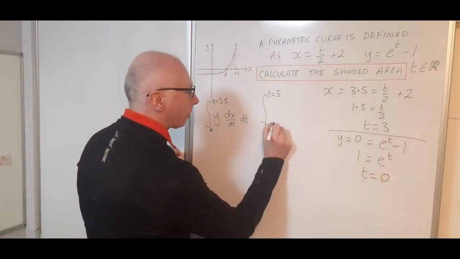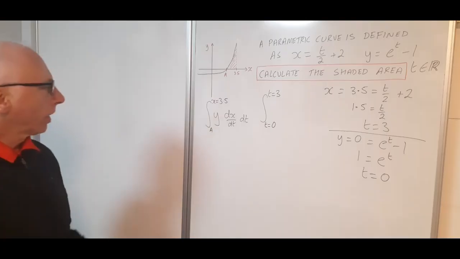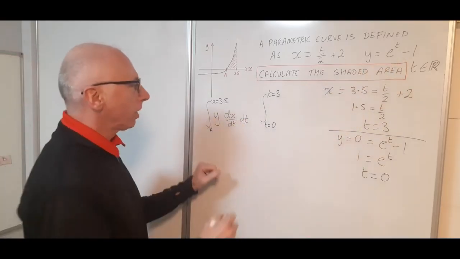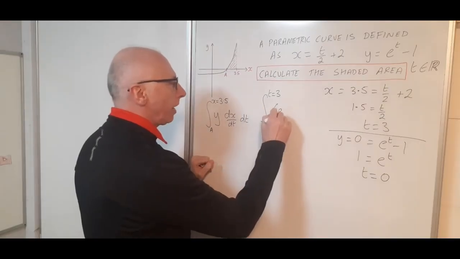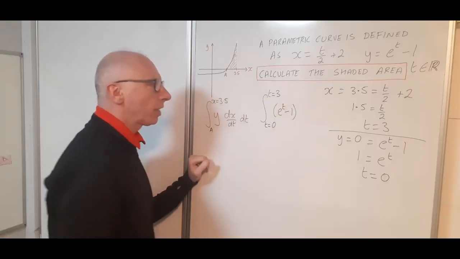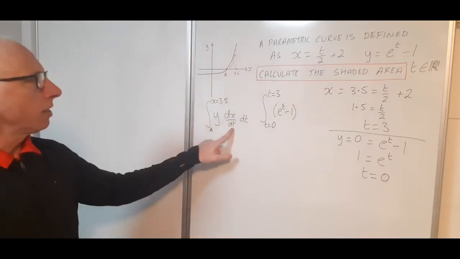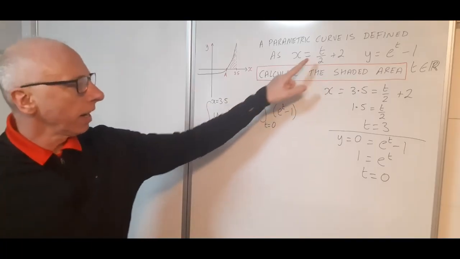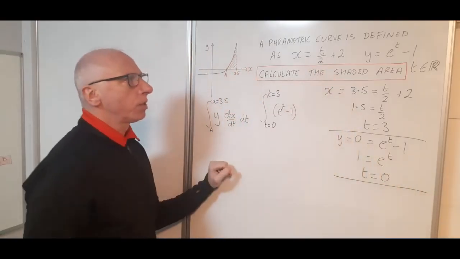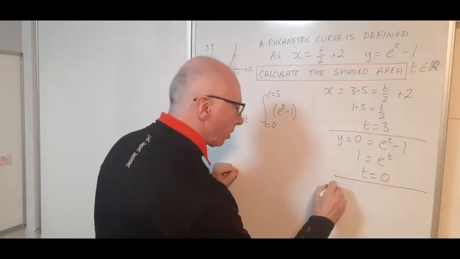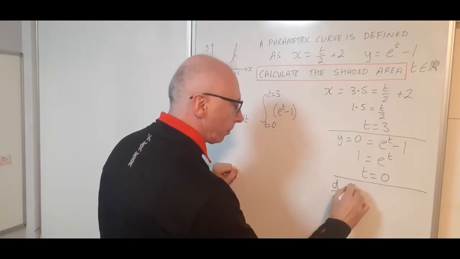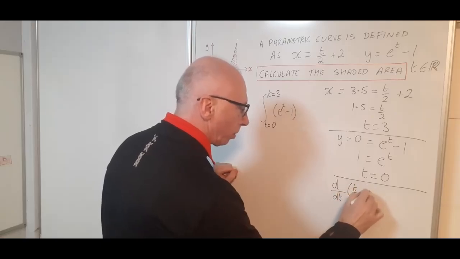So t equals 0. Okay, now y is e to the t minus 1, so I'm going to put that in there in a bracket. So that's that. Now we need this dx dt. So let's take care of this. So x equals t over 2 plus 2. So we need the derivative with respect to t of t over 2 plus 2.